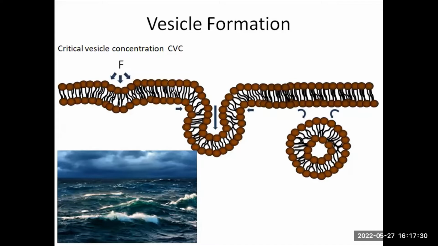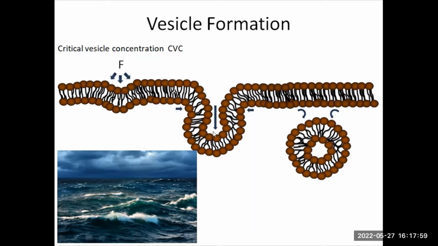So to get this vesicle formation, we need first of all this double layer of lipids. And this requires a critical vesicle concentration, which I will say more about in the following slide. And what we also need is some kind of a force to cause a deformation of this double layer lipid.